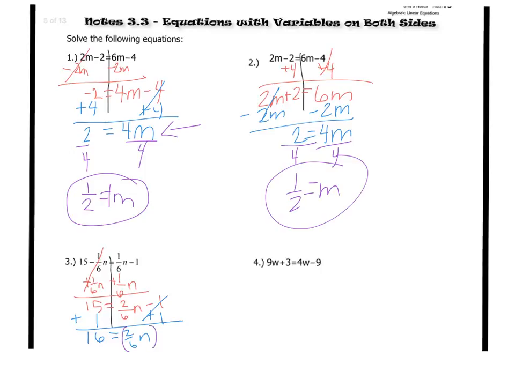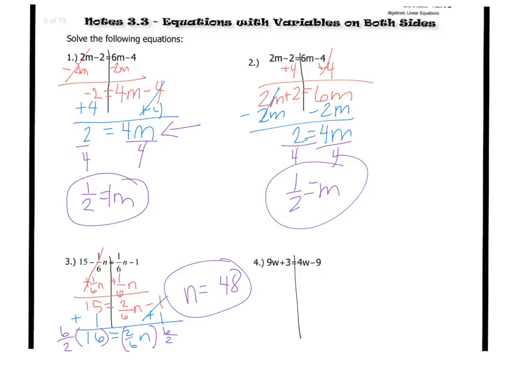So we're going to multiply both sides by 6/2. You multiply by the reciprocal. So what that really means is 16 times 6 divided by 2. So 16 times 6 is 96, divided by 2 is 48. So n equals 48.